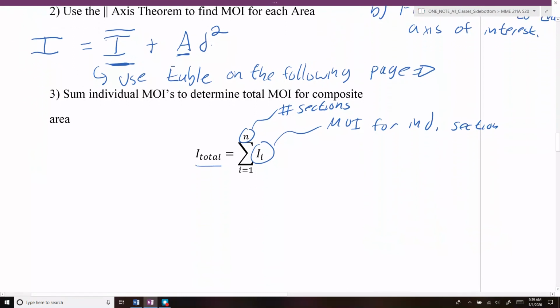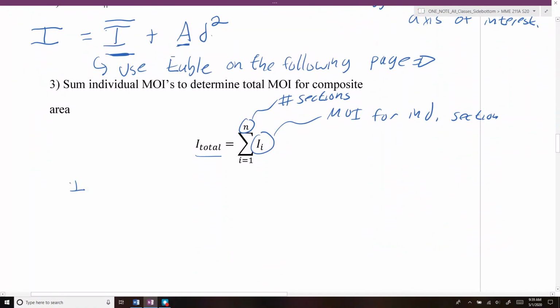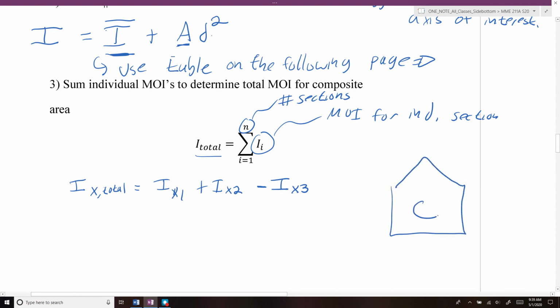The total moment of inertia about the x-axis would be equal to Ix1 plus Ix2, and then since the third is a hole, we treat it as a negative moment of inertia, so we subtract Ix3. That is how we would calculate the moment of inertia about this composite shape.